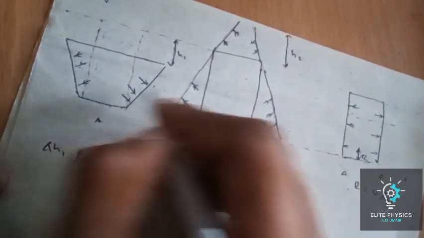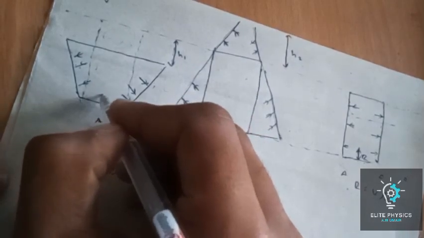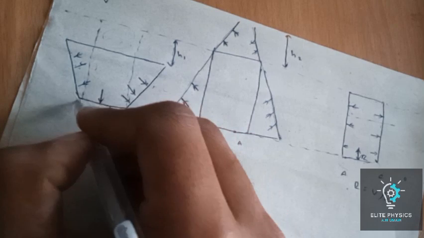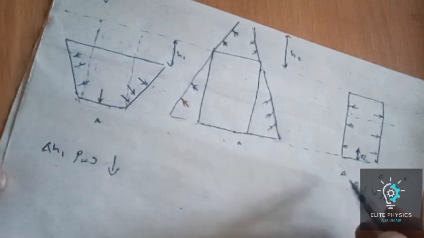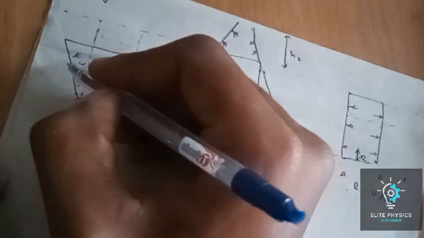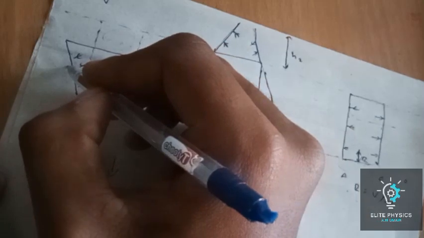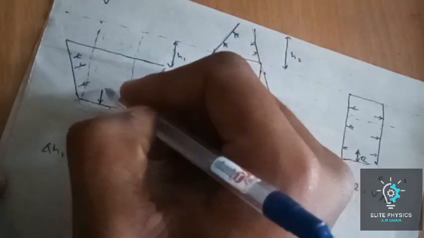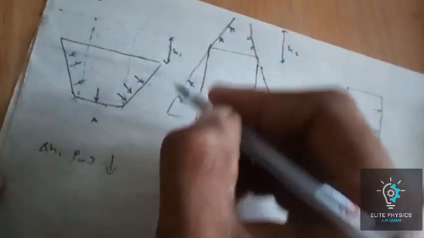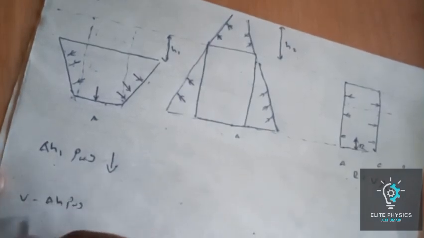And if I just give you extra information, what would be the normal reaction, or else the force exerted at the bottom of the surface? Now initially you can see it was V rho w g, but in here you can see A H1 rho w g is present along these two corners. The entire volume is V. So the volume of water along this section would be V minus A H1.